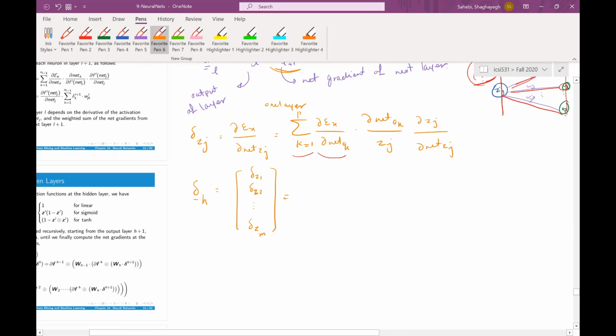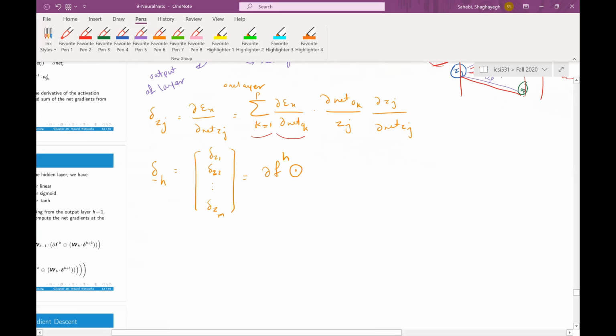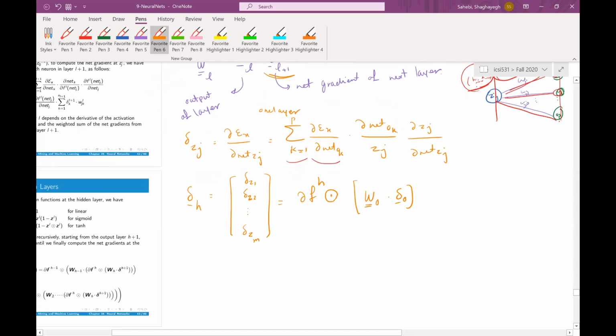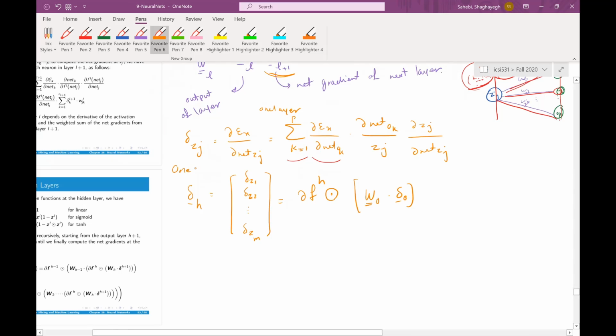It is going to be equal to the derivative of fh for that layer, element-wise product with, well, if we have multiple layers we are going to use indices, but if we have only one layer, it's going to be W_O delta_O. So this is for one hidden layer.